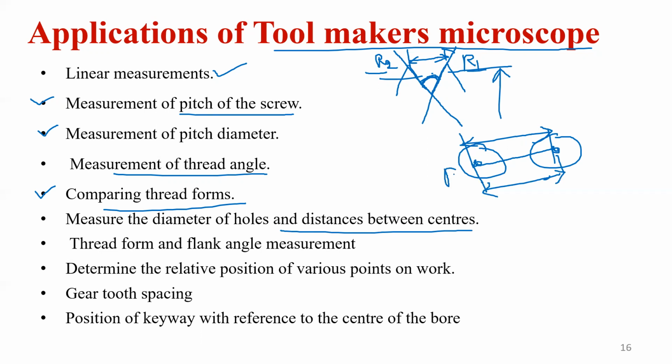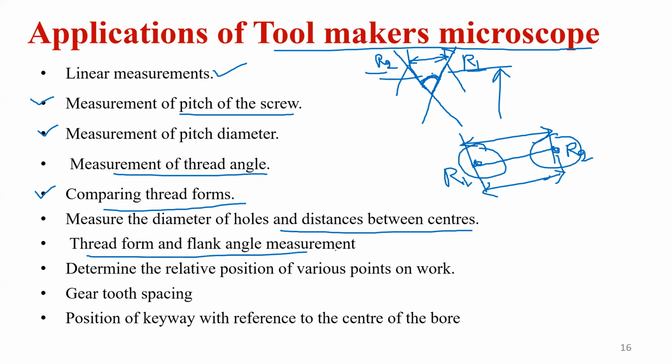Initially we take the reading as R1. After moving to the center of the other hole, we take the reading as R2. The difference between R1 and R2 will give us the center distance between the two holes.